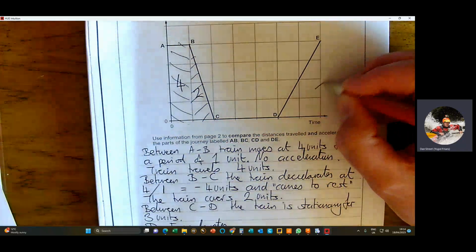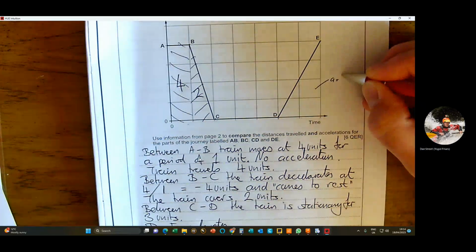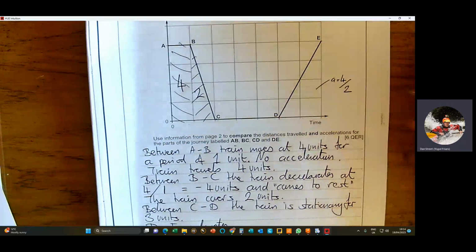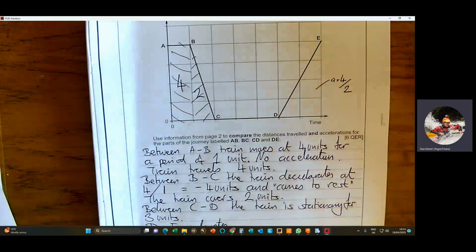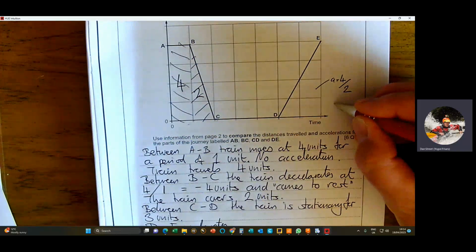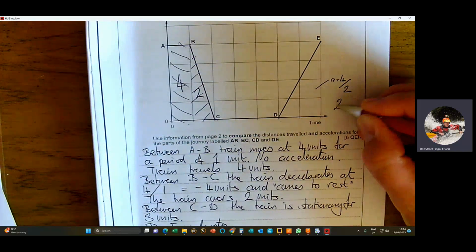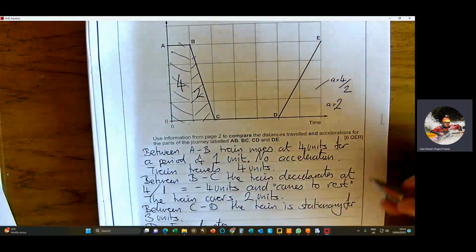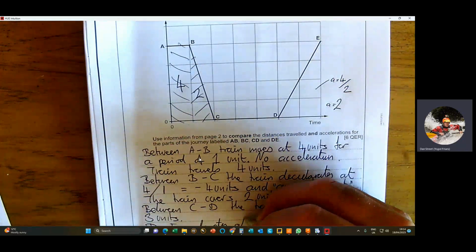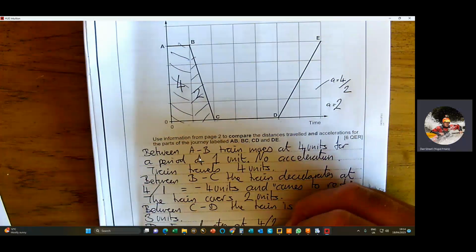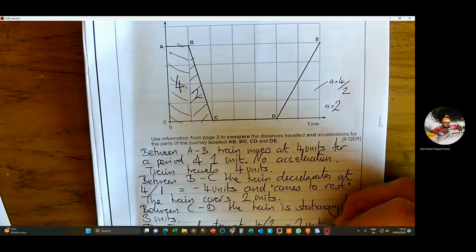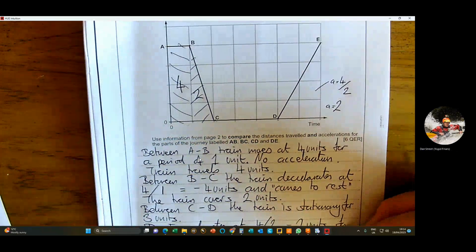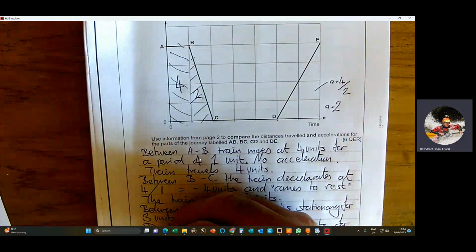So the acceleration is 4 divided by 2, 4 units of velocity divided by 2 units of time, which gives us 2. So the acceleration is positive 2 for 2 units of time.